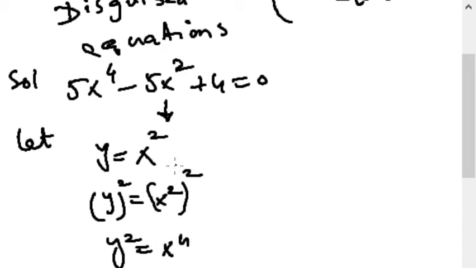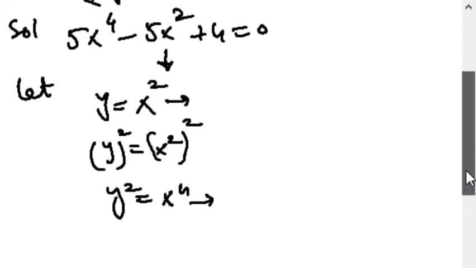We have x square and x^4 here. What if we replace their values in the equation? What is the replacement for x^4?